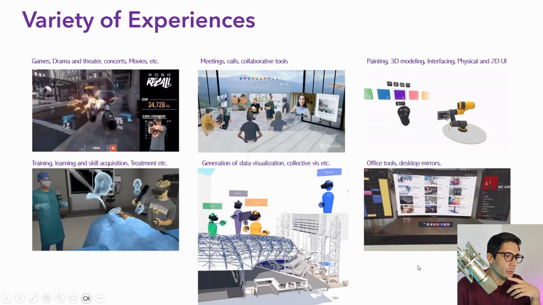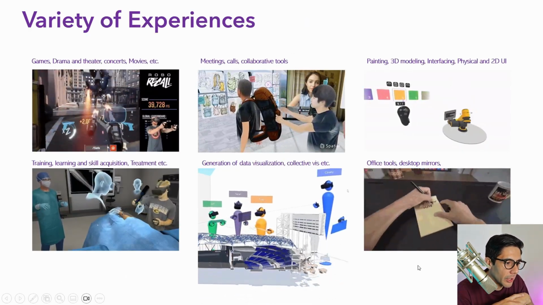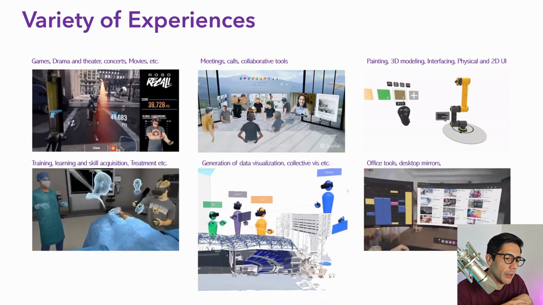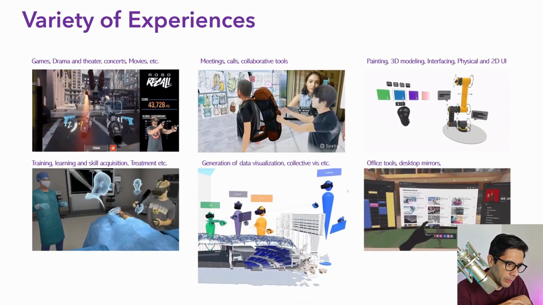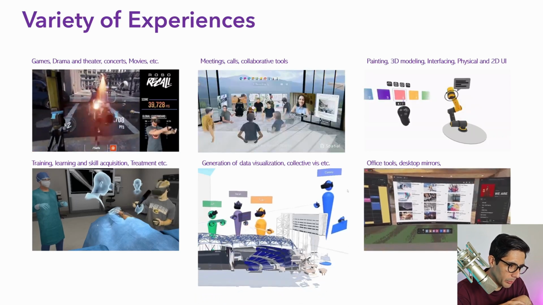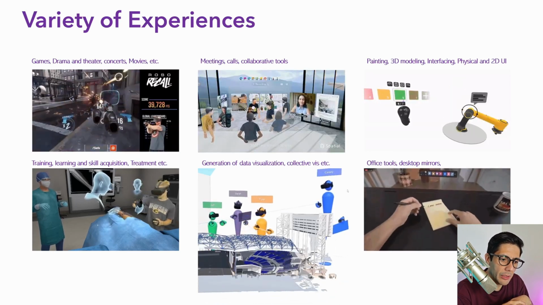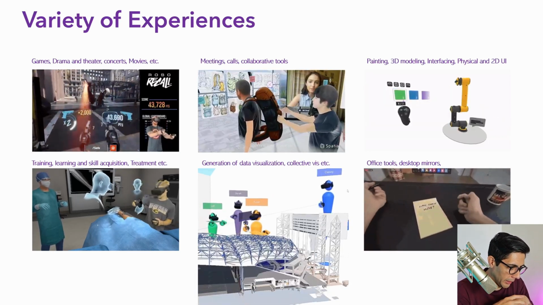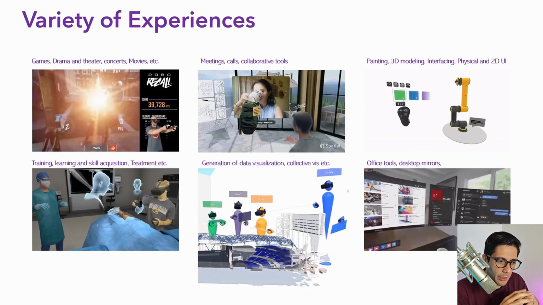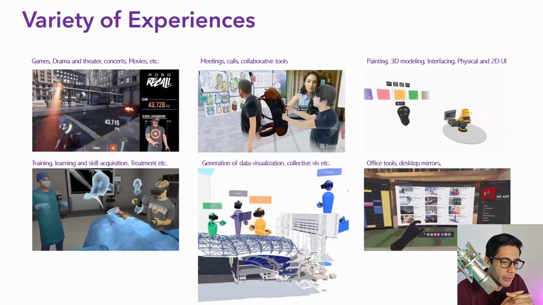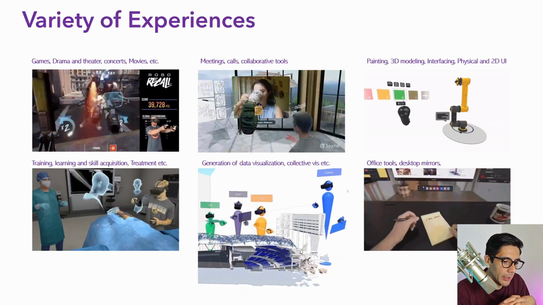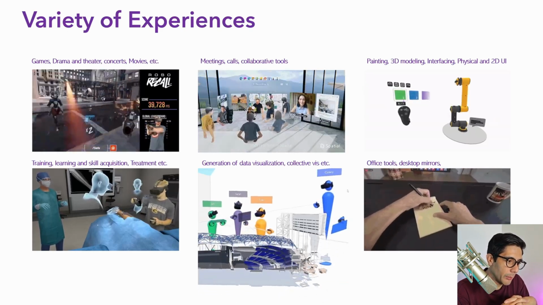Now, in terms of variety of experiences, there are many types of experiences in virtual reality, and this was also developed probably 1.5 years ago with these examples. Today we have even greater variety of experiences, but if we try to classify them and show them on one slide, I tried to put different types of examples.